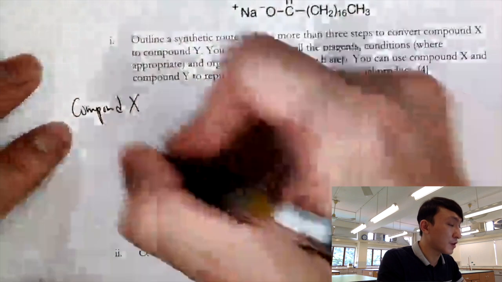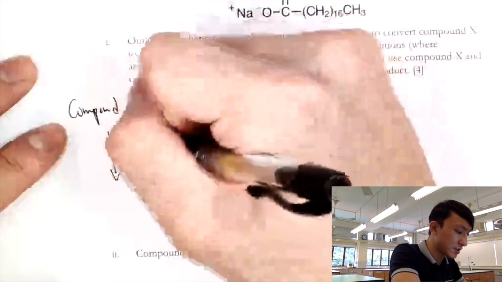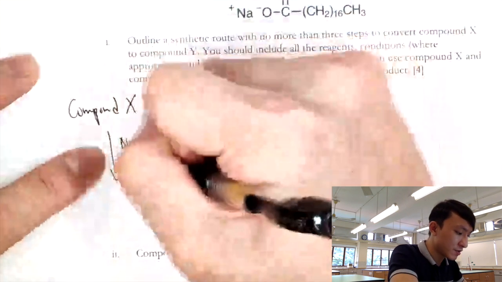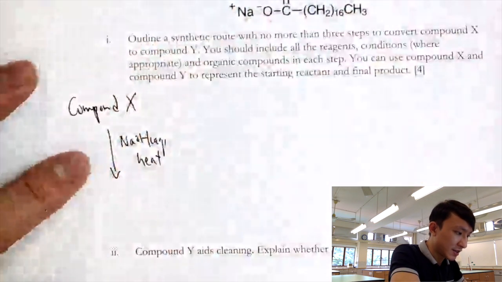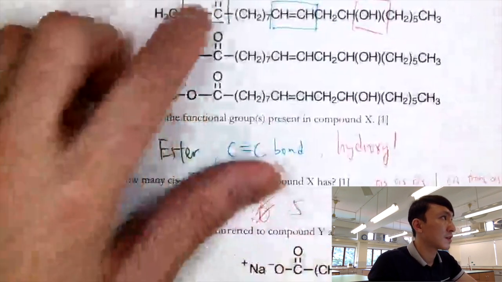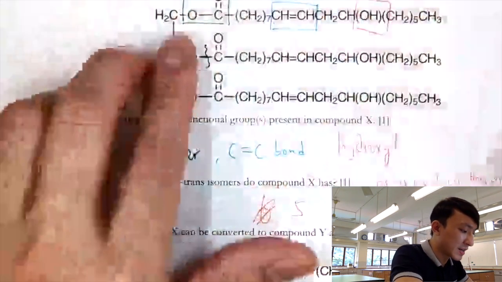So I will first do alkaline hydrolysis. For alkaline hydrolysis, I will use NaOH and I will heat it, and basically this one will be cut, and I will have this part remain.